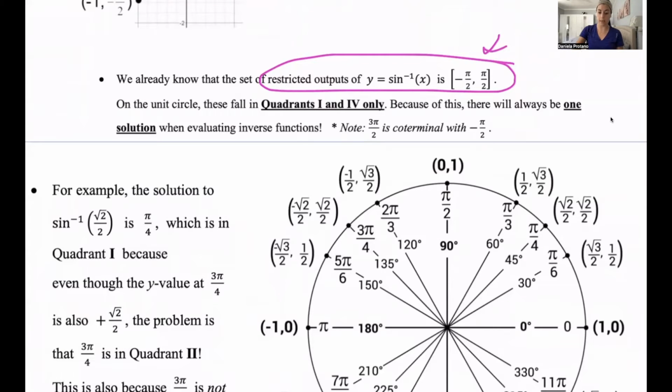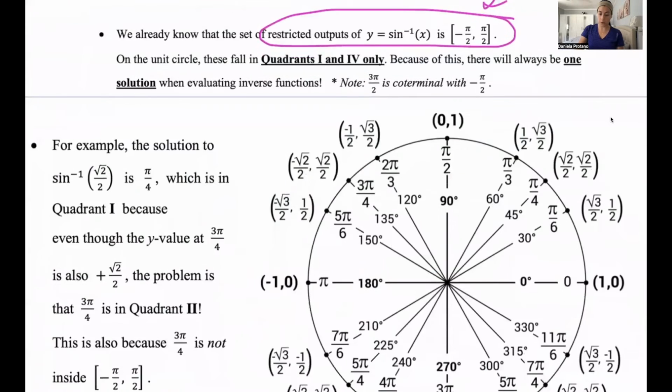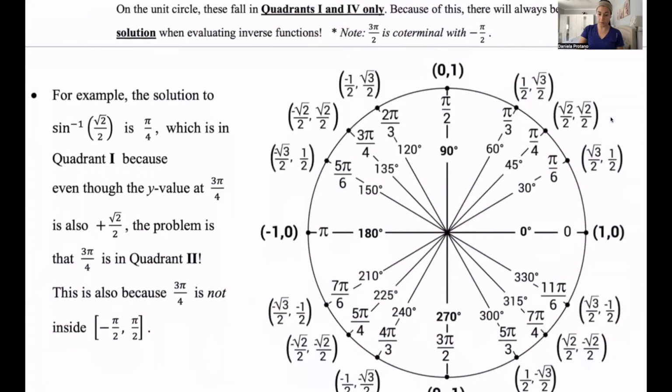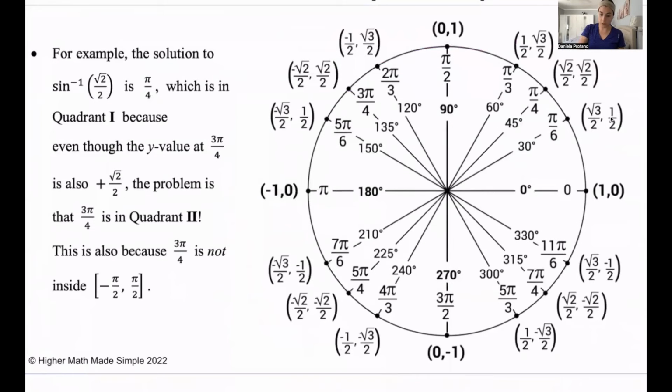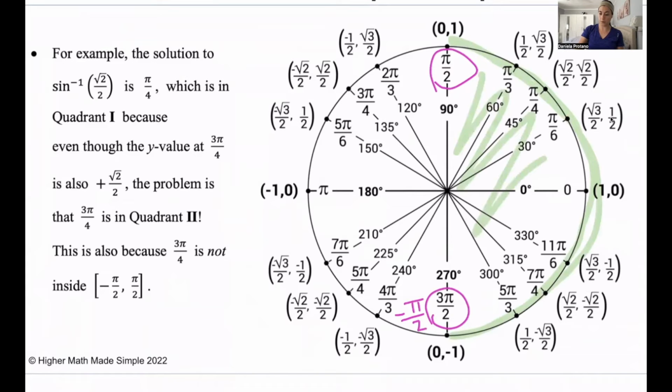If we look at the unit circle, when you evaluate, your answer is going to be between quadrant 1 and quadrant 4. Here's +pi/2, and 3pi/2 is coterminal, so I can also put -pi/2 next to it, it's the same thing. So our answer is going to be between quadrants 1 and 4.